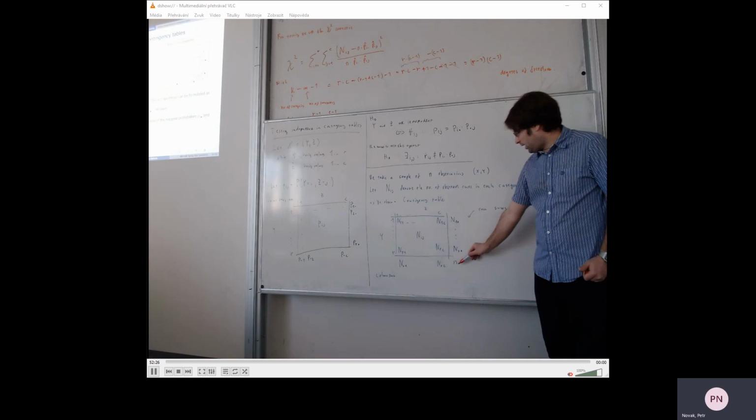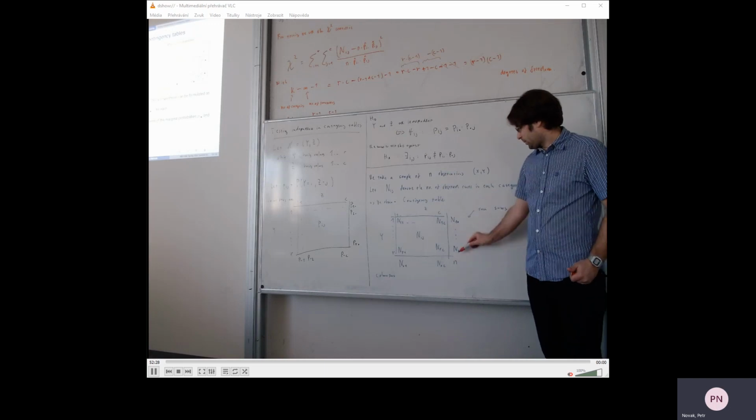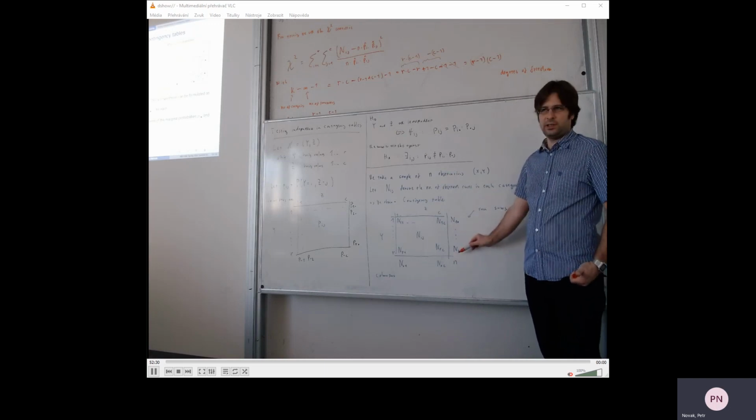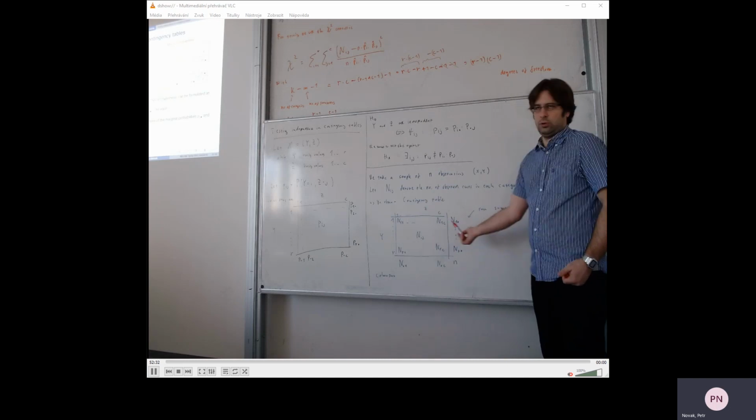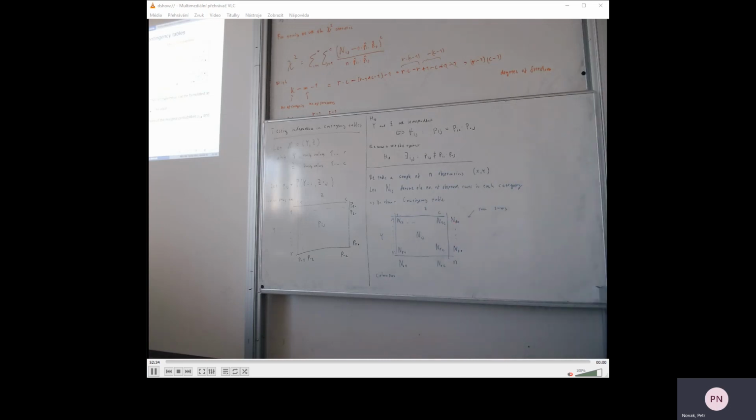We divide them by n to get estimated probabilities, or marginal probabilities. Then we multiply the marginal probabilities together to get, well, the product of marginal probabilities being the joint probability under the null hypothesis of independence.